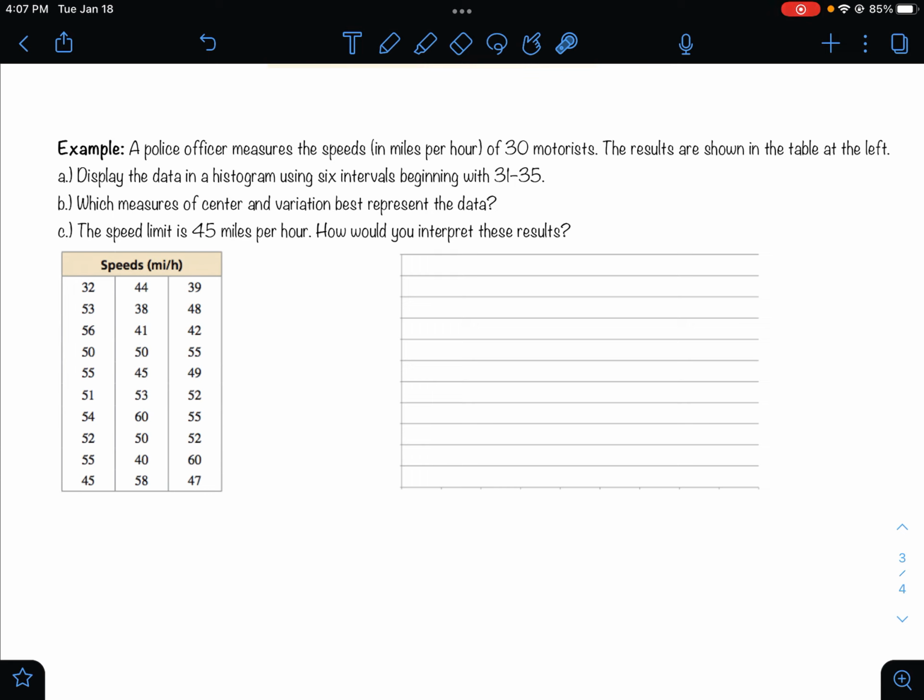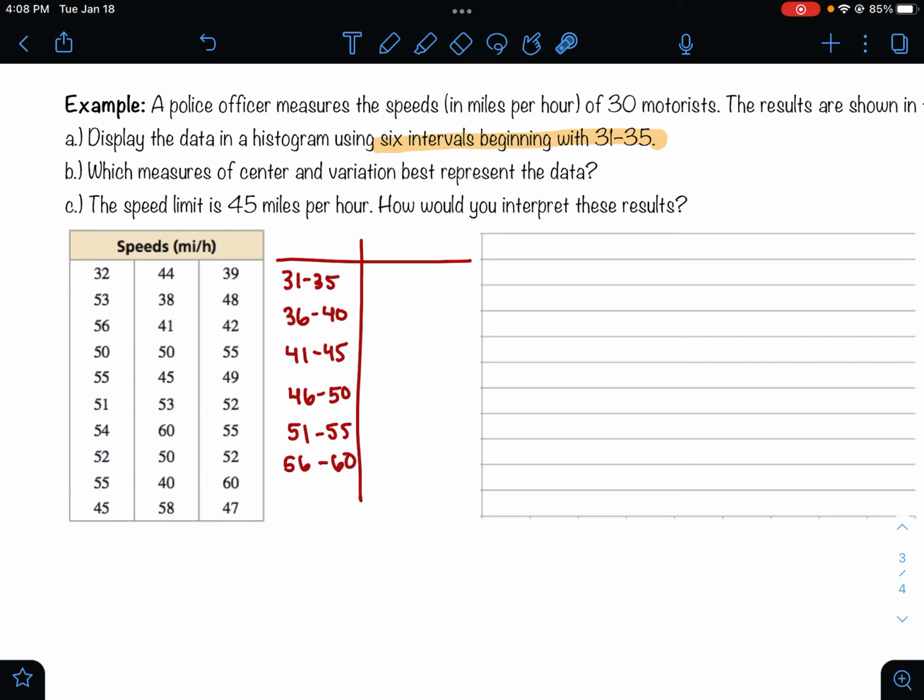And so what we need to make is a histogram, or a frequency distribution graph, using the intervals that they state in the directions. They want 6 intervals beginning with 31 to 35 miles per hour, and then we're going to make 6 of those intervals. So what this will look like is starting with 31 to 35, there are all of my intervals. There are 6 of them because it said it wanted 6 intervals.